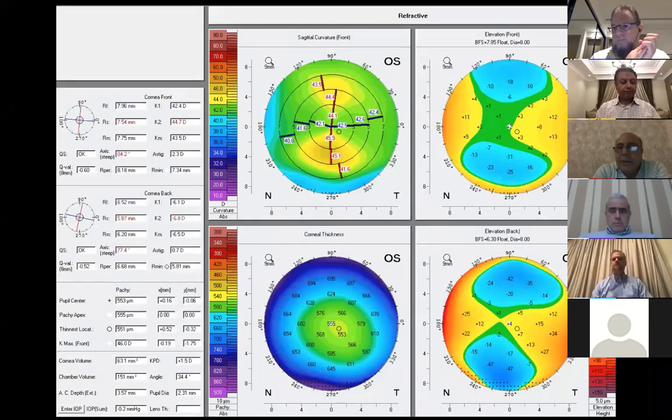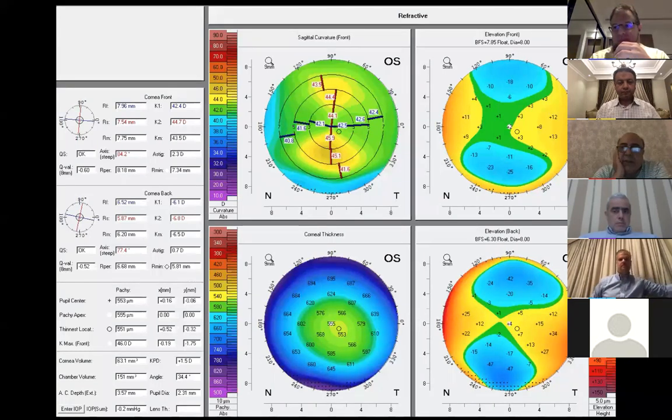And here, he has astigmatism 2.3 in the topography, and in the posterior cornea it is 0.7. So it's 1.9. The astigmatism is reasonable. There is no discrepancy between the topographic astigmatism and the manifest astigmatism.